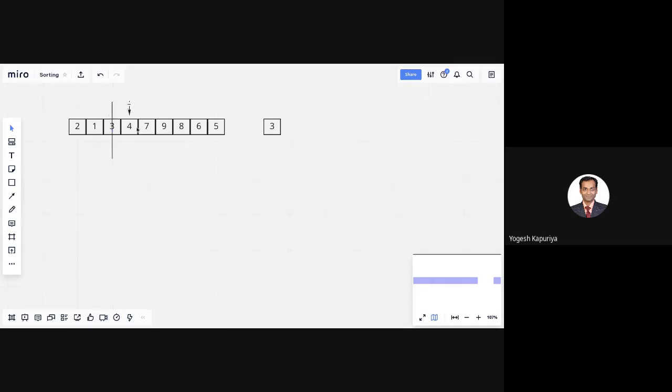Now I have two arrays. Just for understanding, I am splitting like this. Otherwise, they are not actually split, they are actually one array only. But just for the understanding, I am doing this.